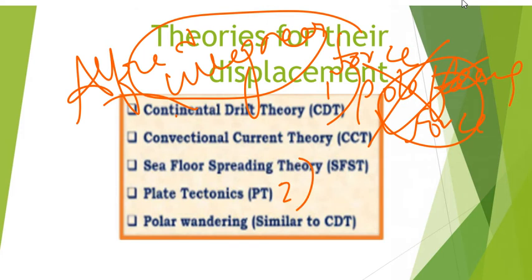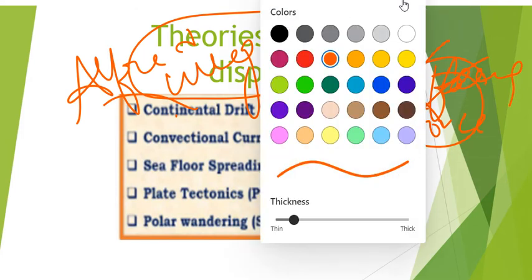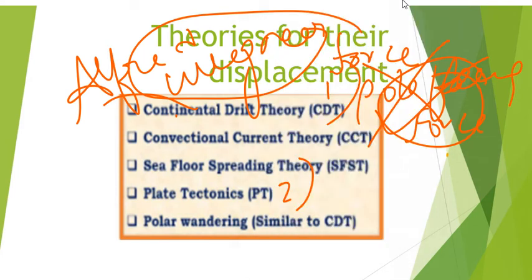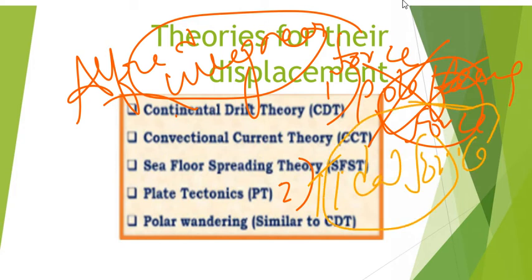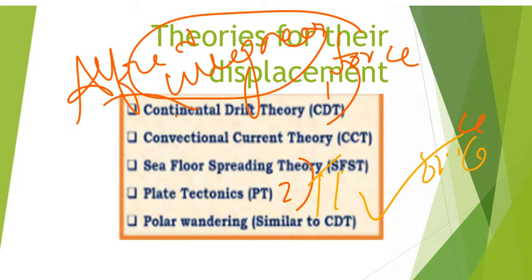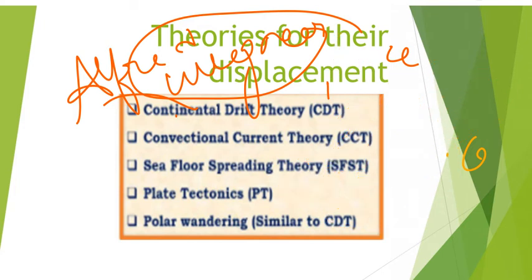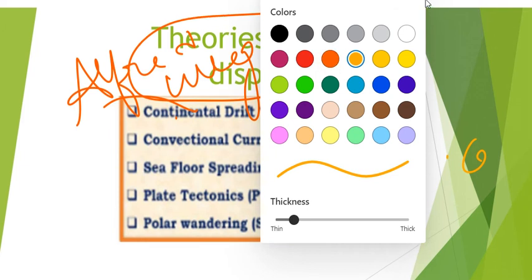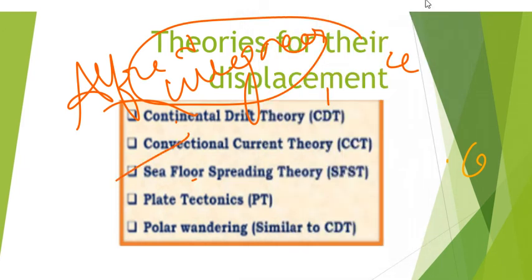And the other one was the tidal force. For some time it was believed, but then after the discovery of the convection current theory, the whole reason behind the drift theory was abolished.